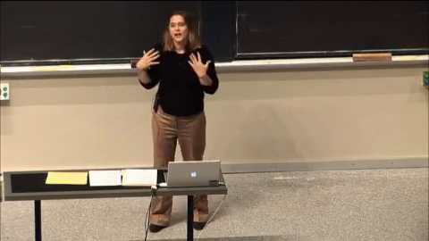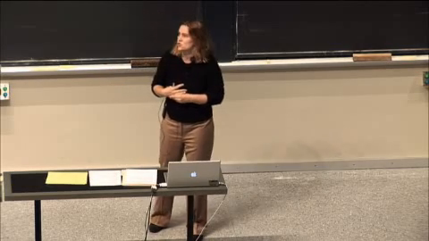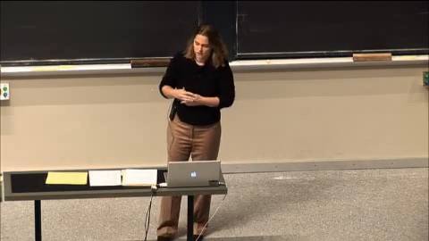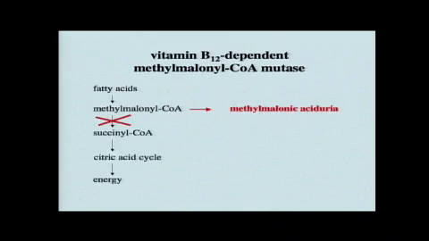So nature has its own buffering system designed to keep the pH of your blood constant. Well, what happens if the pH of your blood changes? So let me just tell you about one disease that can change the pH of your blood. This is from a vitamin B12 dependent enzyme called methylmalonic CoA mutase.